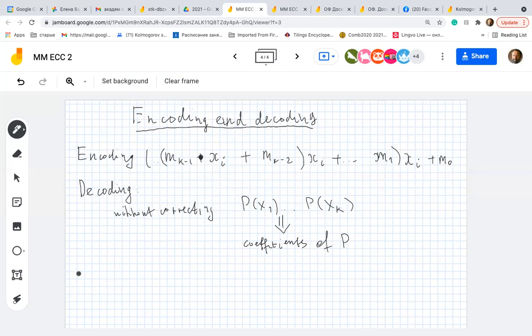There are two known ways. The first one is when we use Lagrange interpolation, Lagrange polynomials.